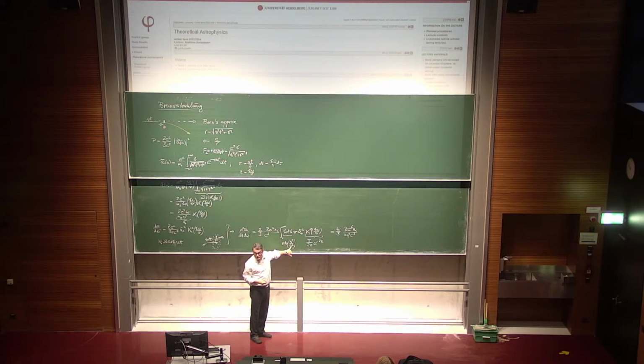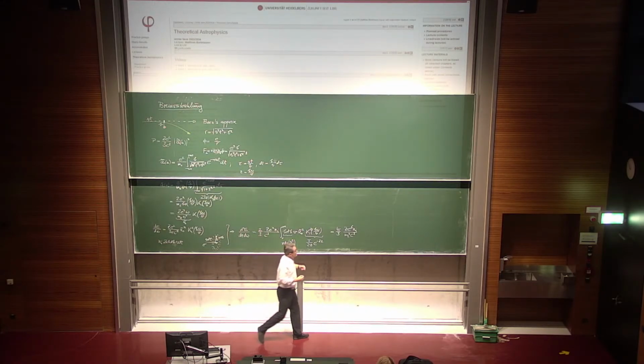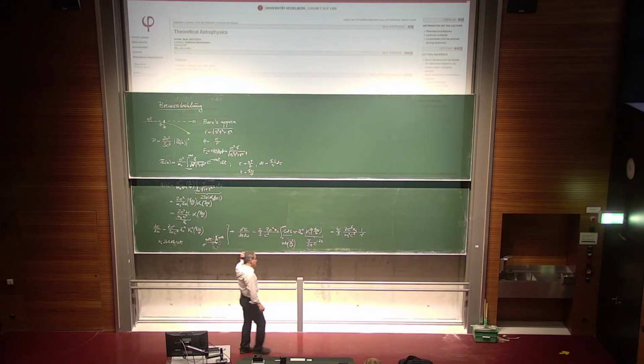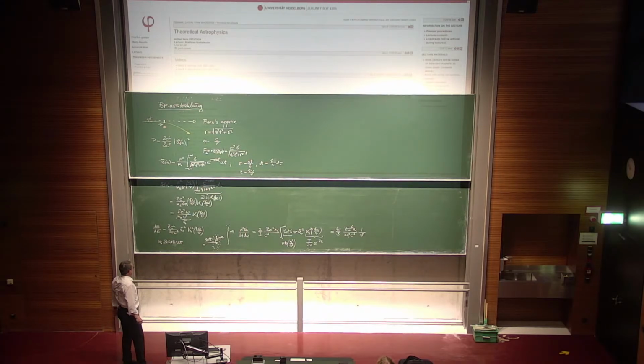We cancel the omega squared. We have 1 over v to the power of 4. We multiply this by v to the power of 3. We get 1 over v. Have we got everything? I believe it.